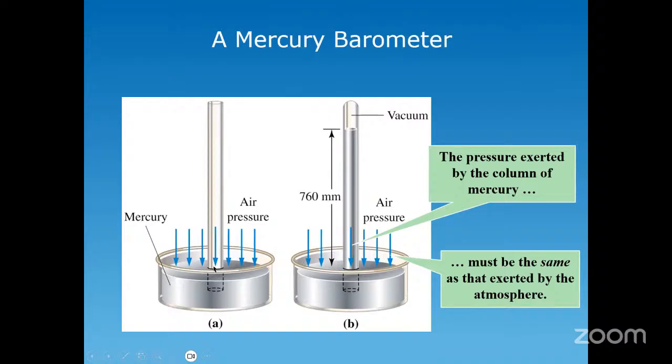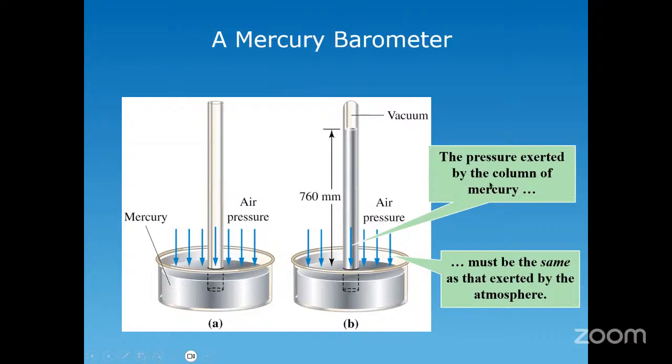So as a result, the mercury level inside the tube will be at the same level as the mercury level outside the tube. There's no difference in terms of the surface of the mercury inside and outside the tube, because the air pressure inside the tube would be the same as the air pressure acting on the surface outside the tube.